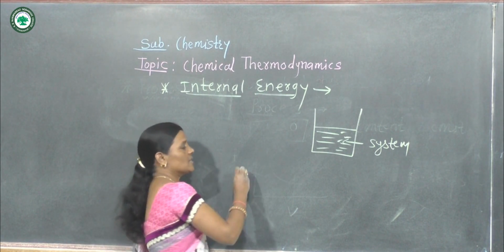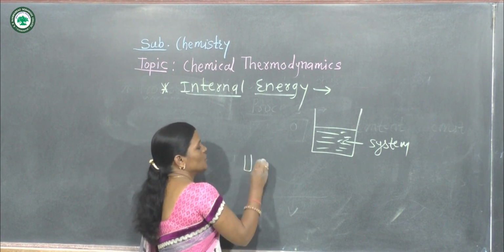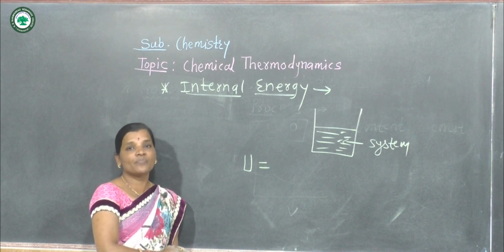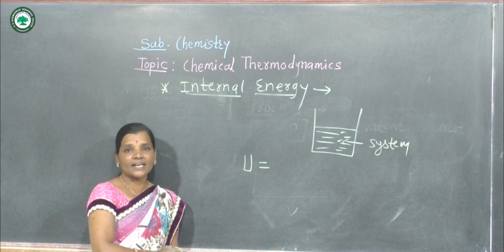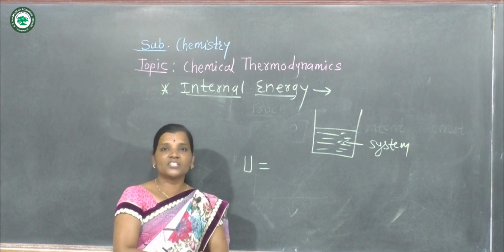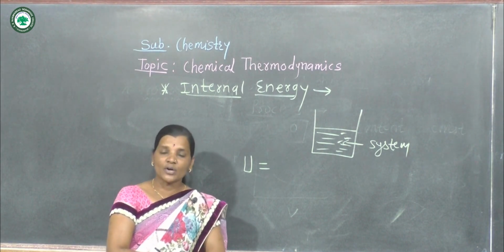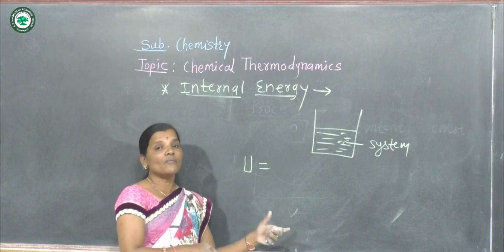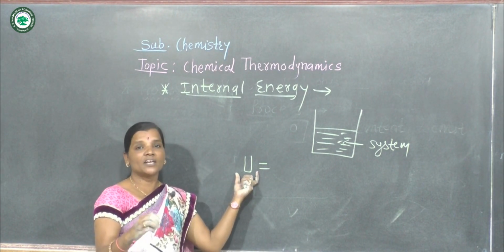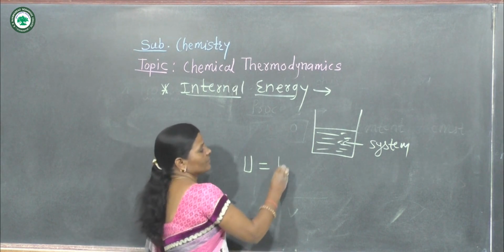Internal energy is denoted by capital U. In almost every system, two types of energy are present: kinetic energy and potential energy. There are also many other types of energy: rotational energy, vibrational energy, electronic energy. The sum of all these types of energy is nothing but the internal energy of the system.